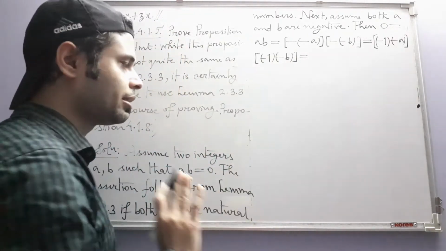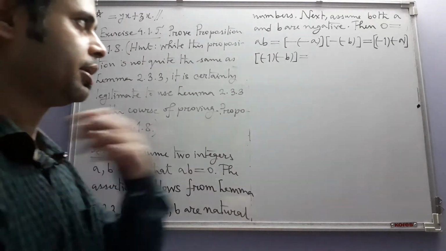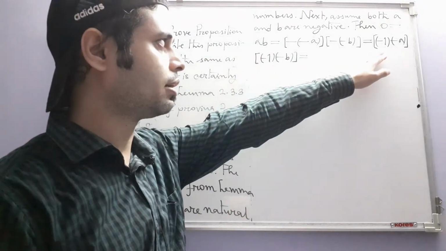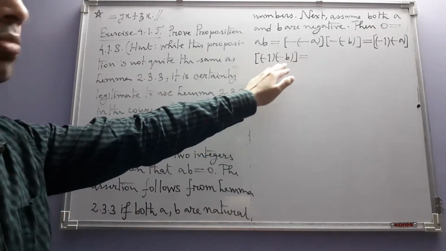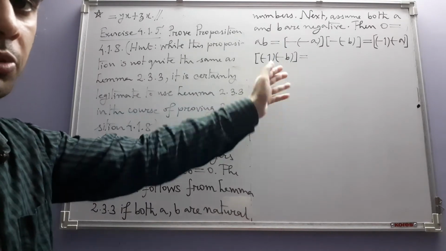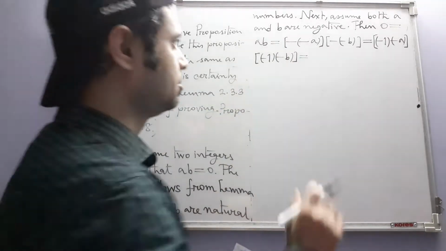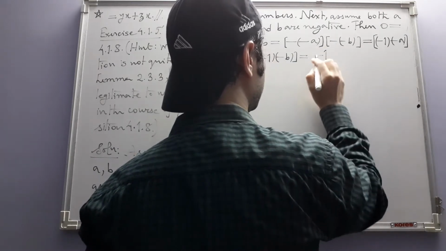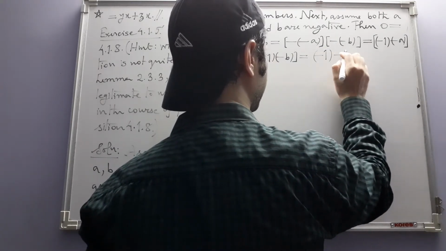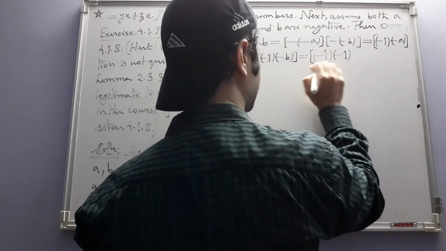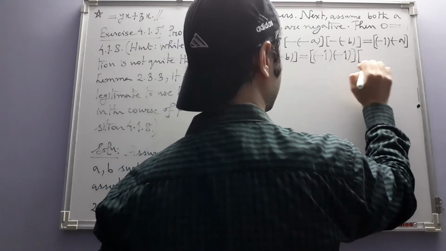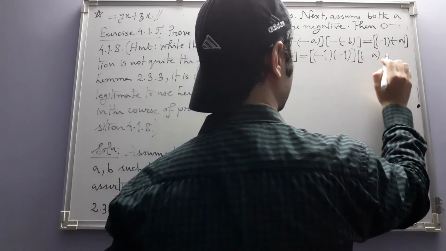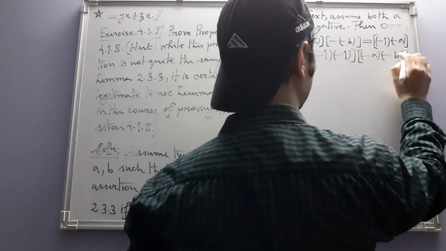Now using the laws of algebra, namely the laws which say that multiplication of integers is commutative and associative, we can write this product of 4 integers in this way. We can rearrange the factors in any way we want. Minus a times minus b.